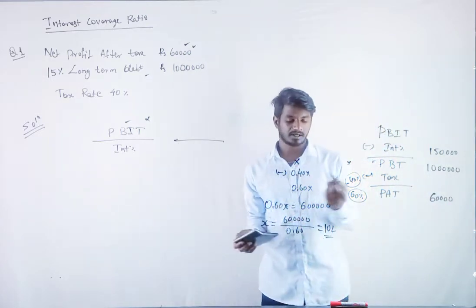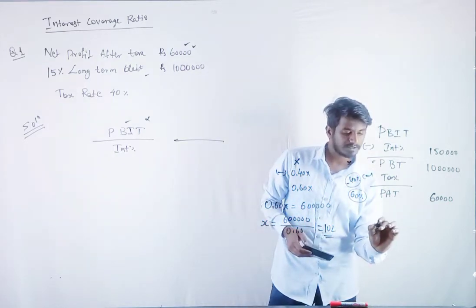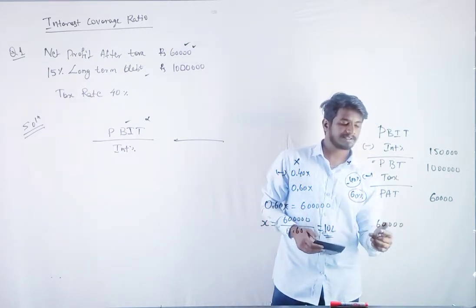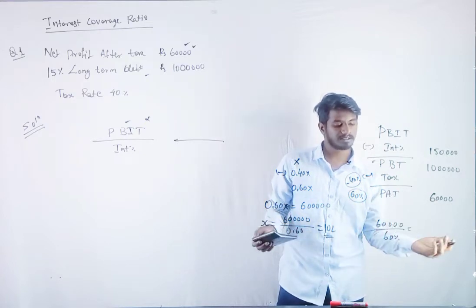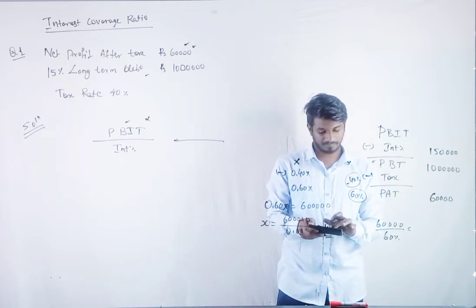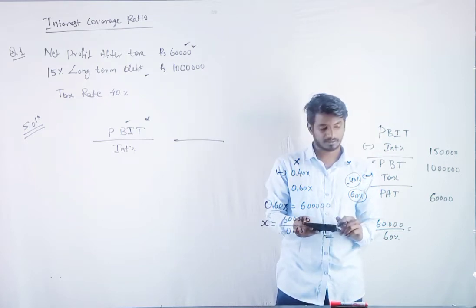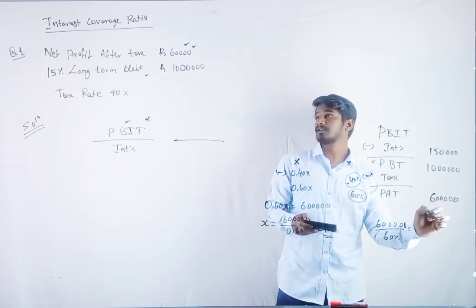Another way is there to find this. Simply, 60,000 is the 60% amount. How much is the 100%?